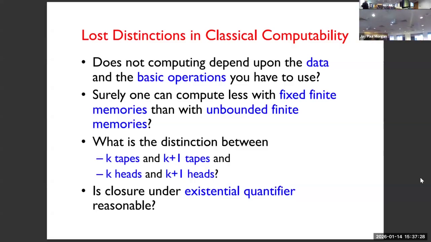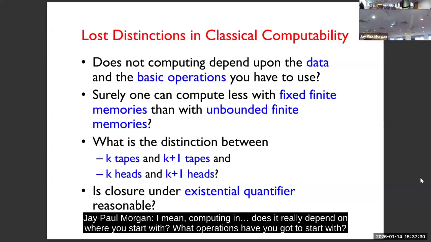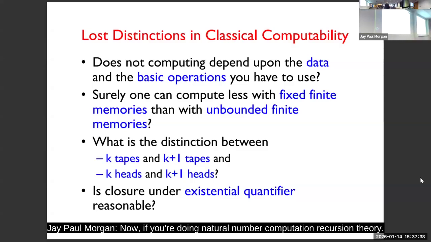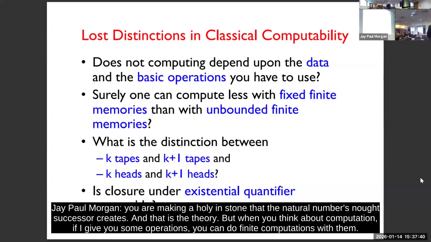The fact is, computing really depends on where you start. What operations have you got to start with? If you're doing natural number computation, recursion theory, you are setting in stone the natural numbers, naught and successor, great. And that is the theory.